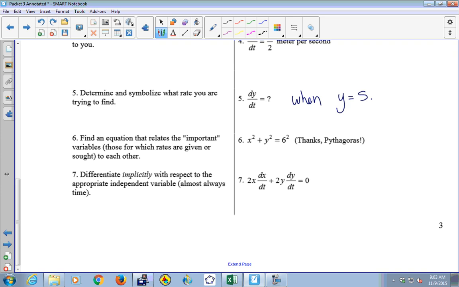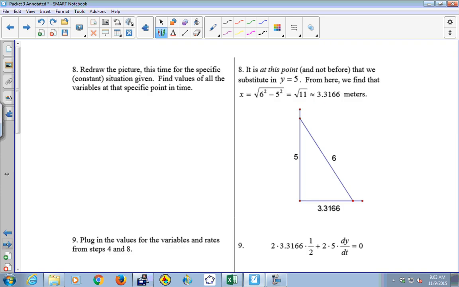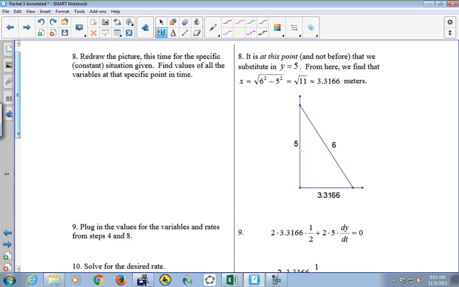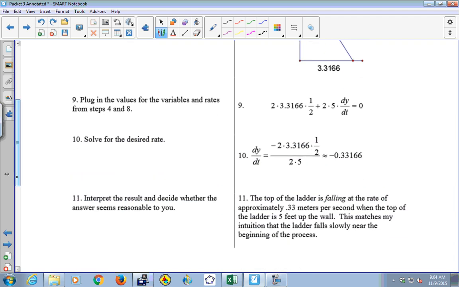Then plug in the stuff that you know. Often you have to redraw a snapshot in time of the picture, right? So I redraw my picture, I put in a 5 for y, I use the Pythagorean theorem to figure out what x is at that snapshot. And then I can plug in all the variables and rates that I know.